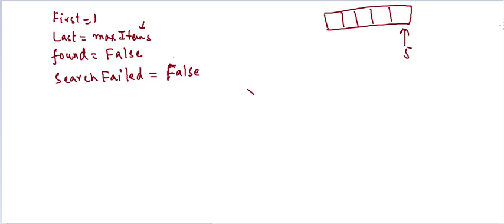Okay, what we need to do now is search through our array. So we are going to set up a loop because we want to move through the array, and this loop is going to run as long as the item has not been found. As long as the search item has not been found, we are going to keep running this loop, right?